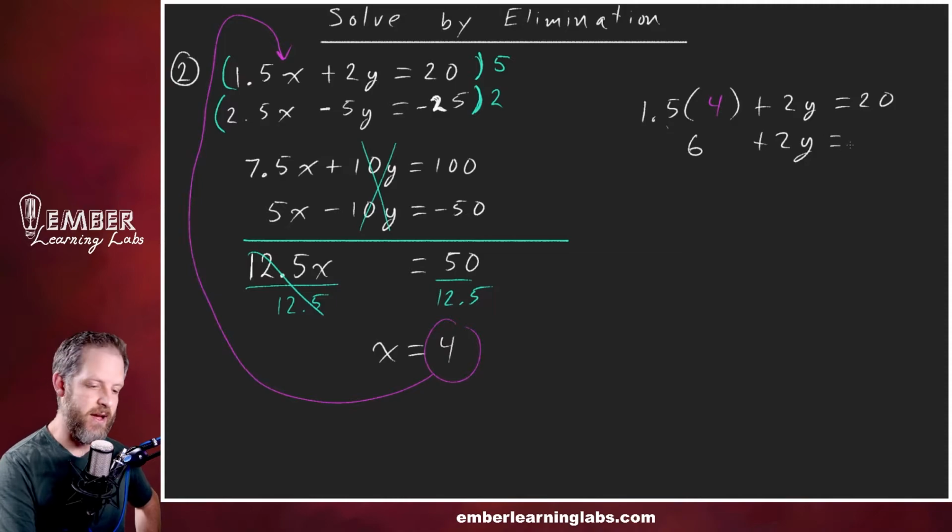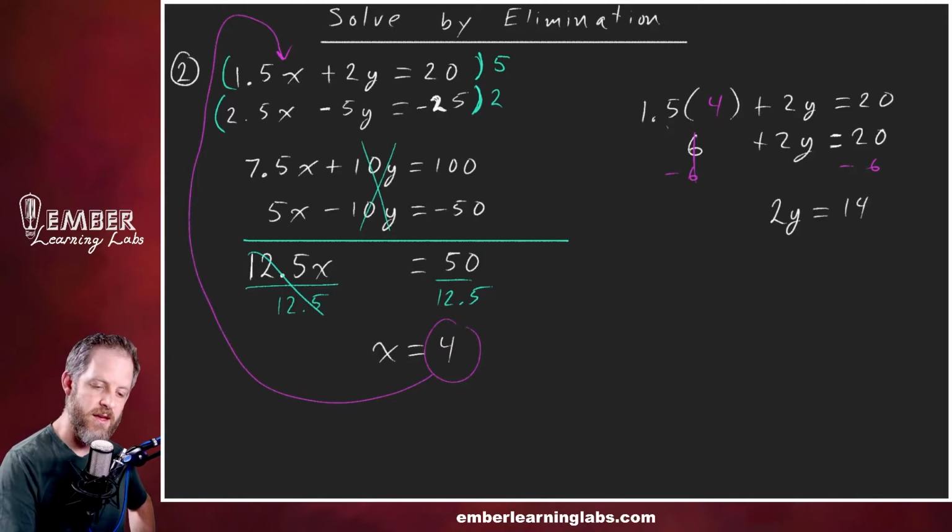We'll see if I get the same answer the book gets for my final answer. Get rid of that 6. Of course, we subtract 6 on both sides. That cancels, leaving us with 2y equals 14. Going to divide that 2 off, leaving us with y equals 7.